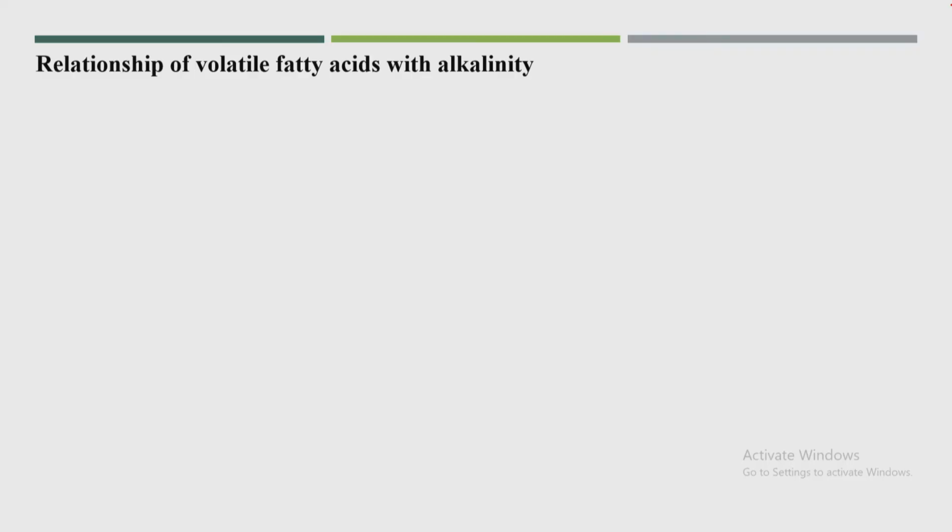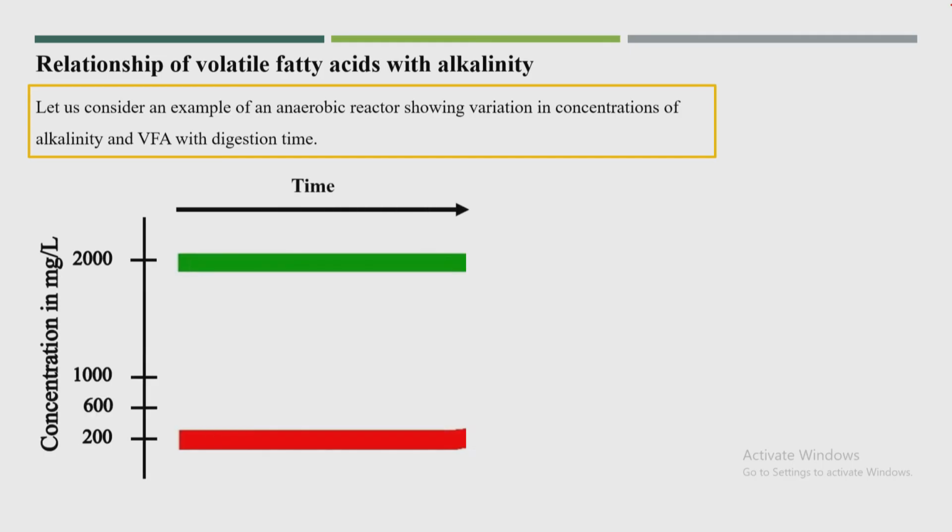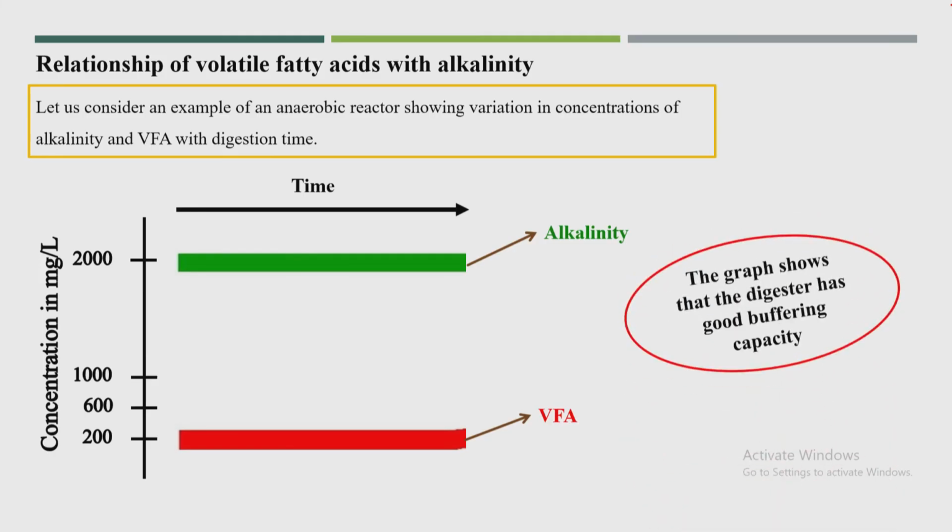So, what is the relation between volatile fatty acids and alkalinity? Let us consider an example of an anaerobic reactor showing variation in the concentration of alkalinity and VFA with digestion time. Here you can see the green color is the alkalinity and the red color is the VFA.